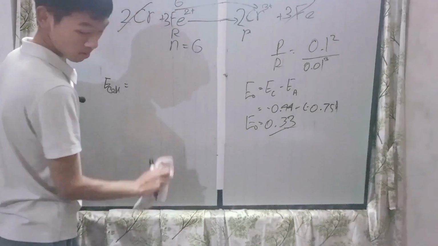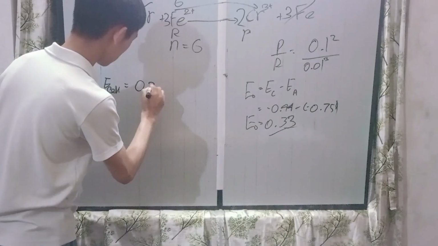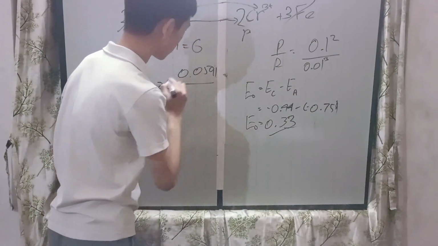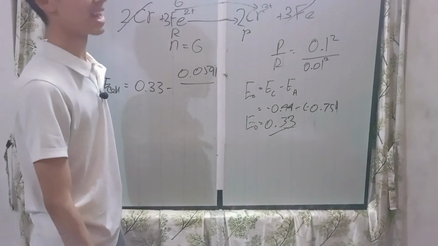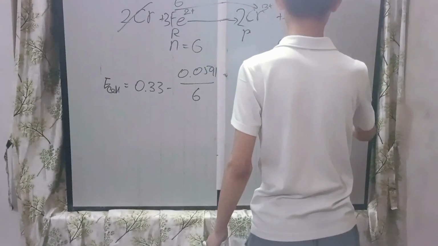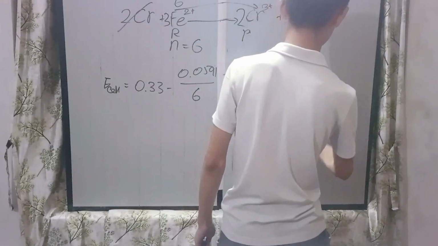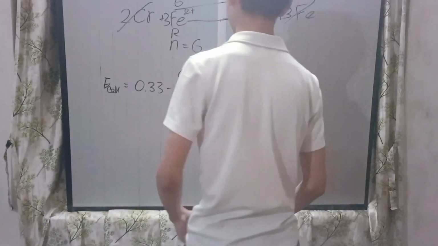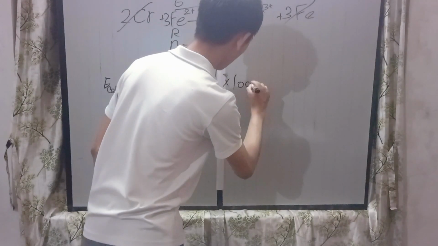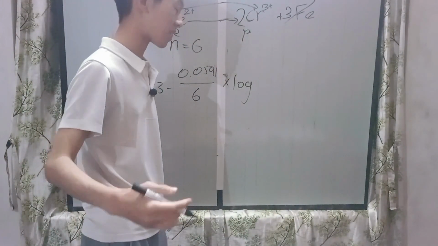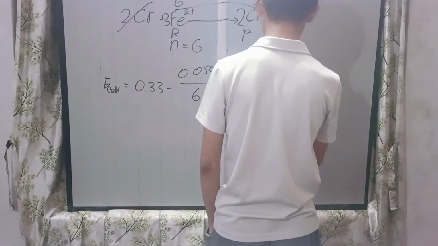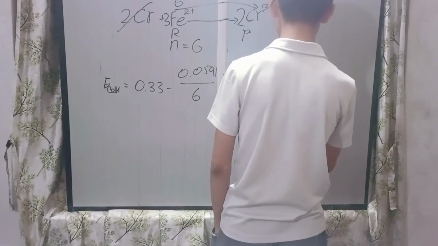E cell equals 0.31 minus 0.0591 divided by n. What was the number of transferred electrons? 6, times the log of the concentration of products divided by the concentration of reactants. What was it? 0.1 squared divided by 0.01 cubed.